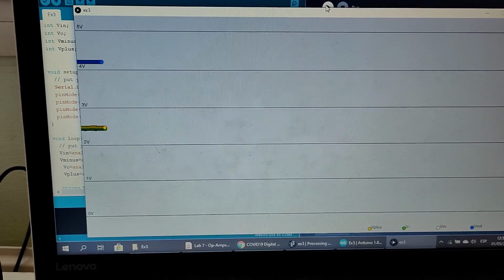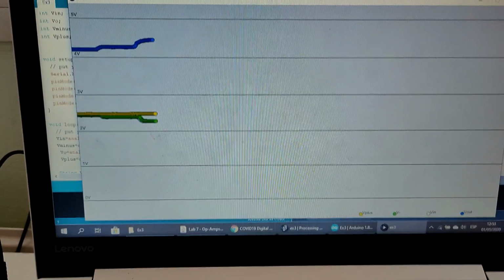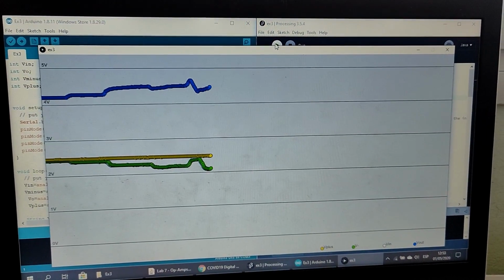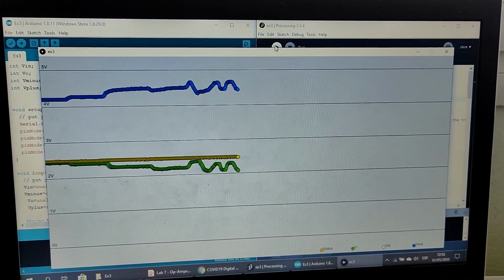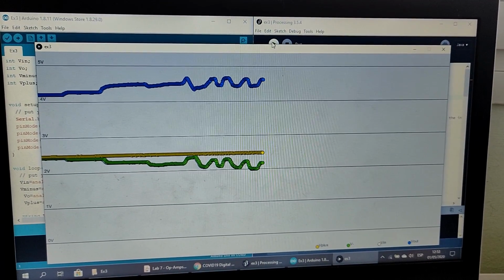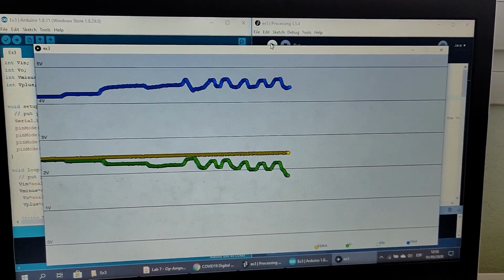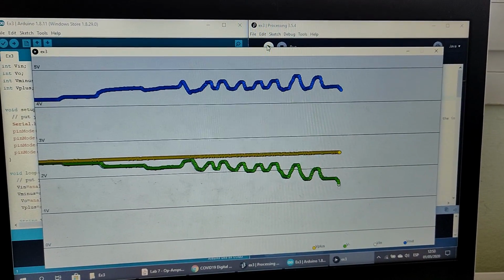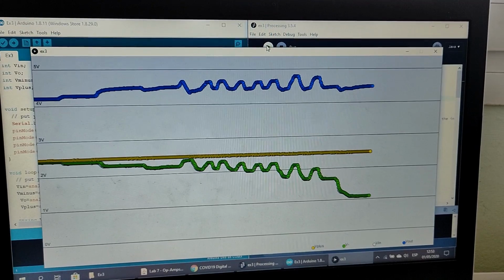If we run the code, at the beginning, for values close to 2.5, the ground, the voltage out is getting inverted, but now it's getting to higher values due to the higher gain of minus 21. If we get too low, it just stays at that value.